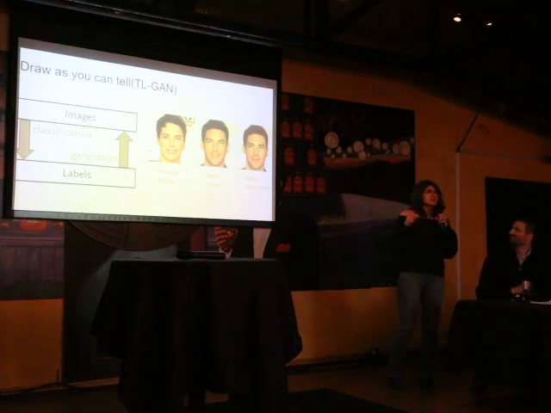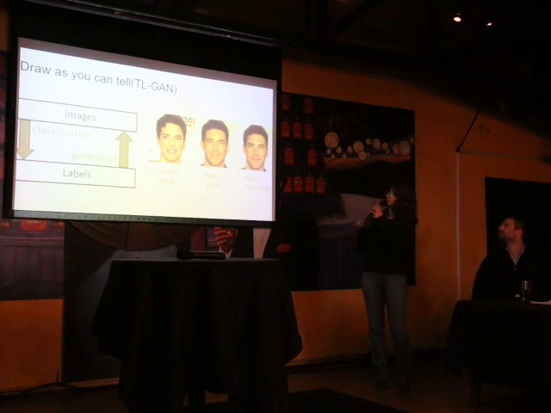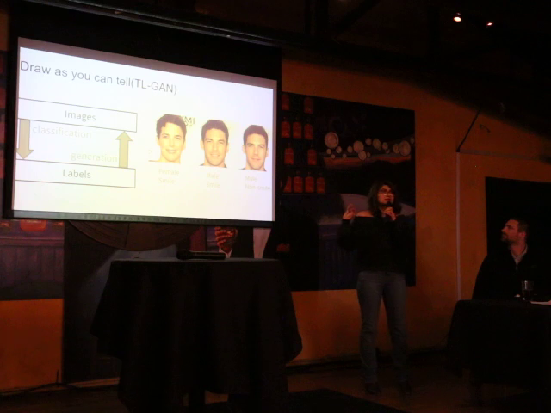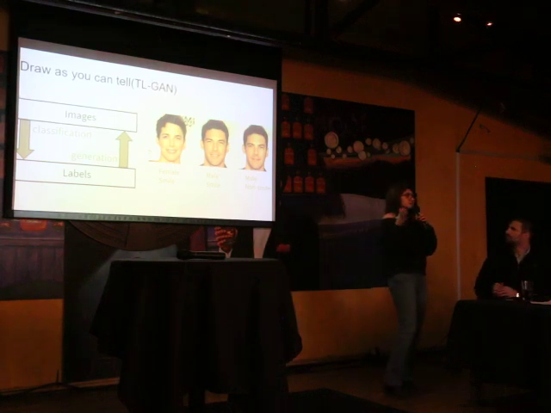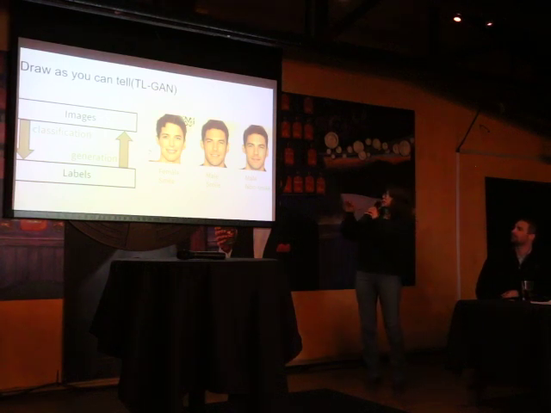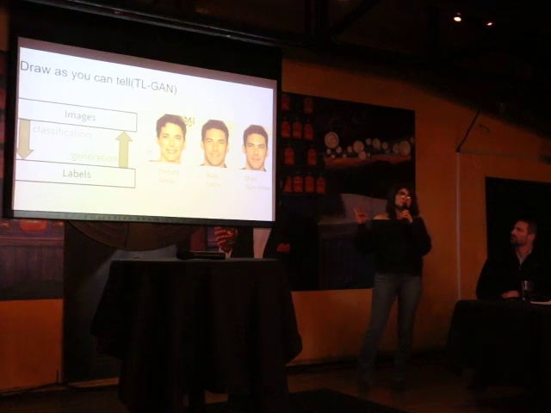The first project which used GAN in 2018 was TLGAN. TLGAN is a project which was proposed with Cargill. This project is simply reversing the classification process.